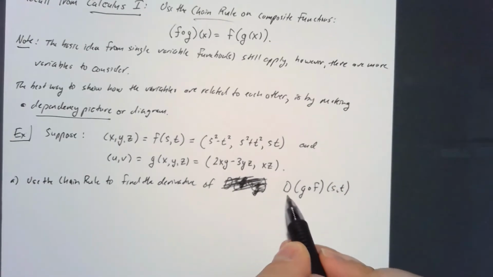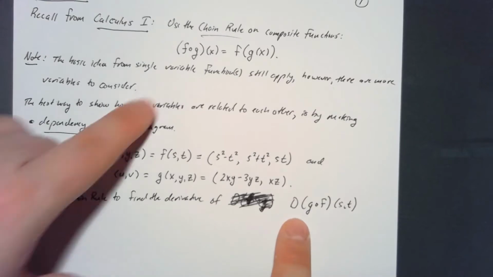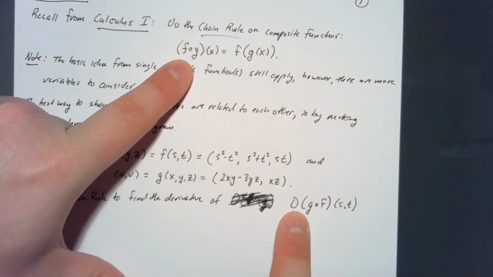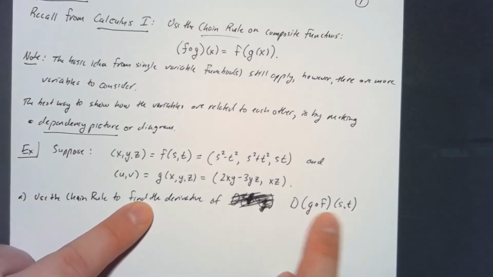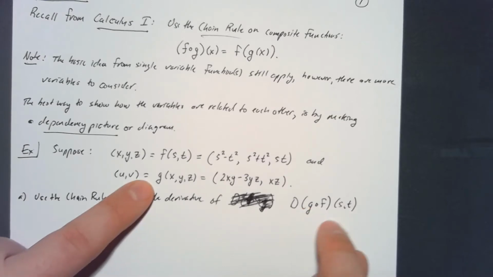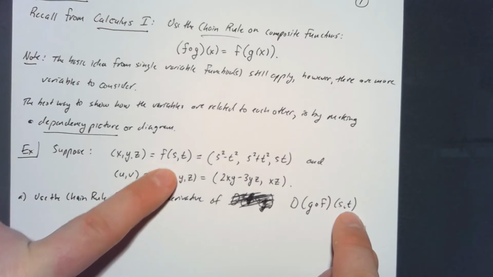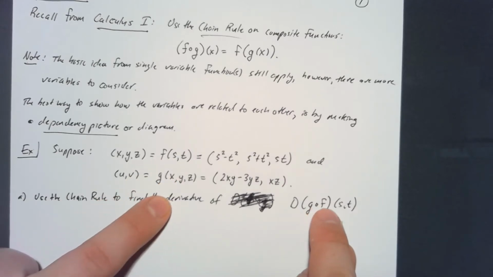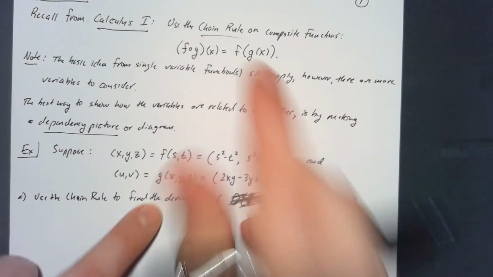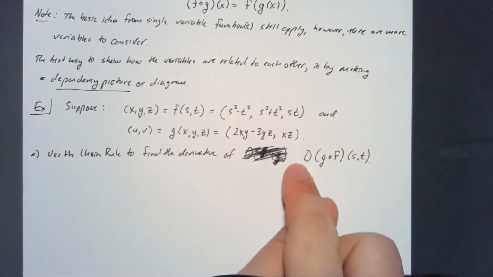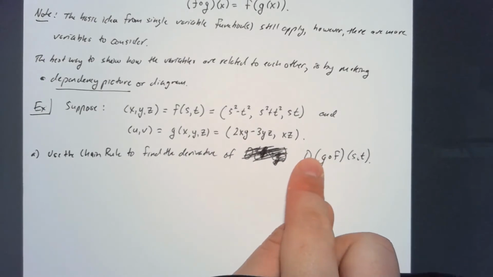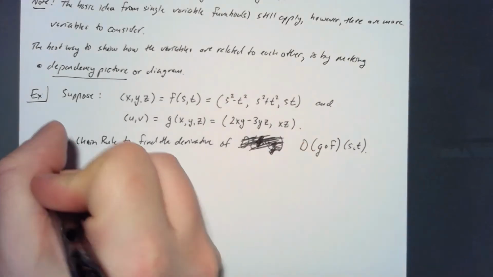This is just another way of saying the same thing, but since we're dealing with multi-variables, we're just expressing it differently. So this is still g composed of f: I'm taking this function and plugging it into this function, since this is the inner one and that's the outer one, just like it is up here. Sorry about that, but I'm going to use the chain rule to find the derivative of this function. All right, so what you're going to do is draw a dependency diagram.